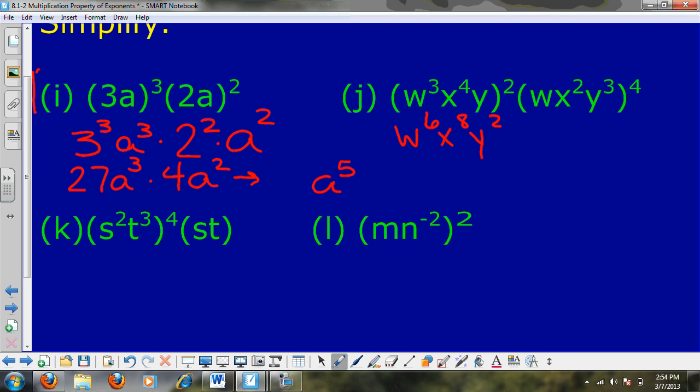And this side becomes w to the 4th, x to the 8th, y to the 12th. Hopefully you know how I got those. And I'm still multiplying all of this together, so when I have the same base, w, x, and y, how many w's am I going to have?